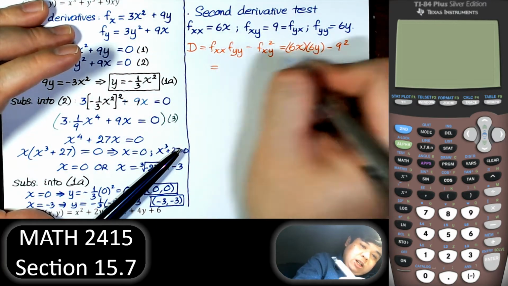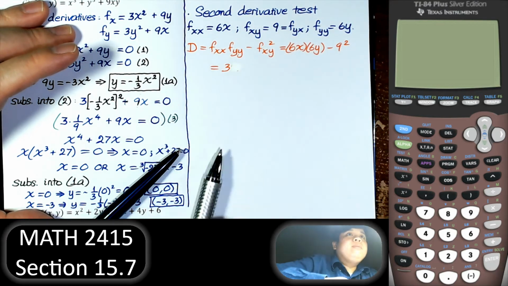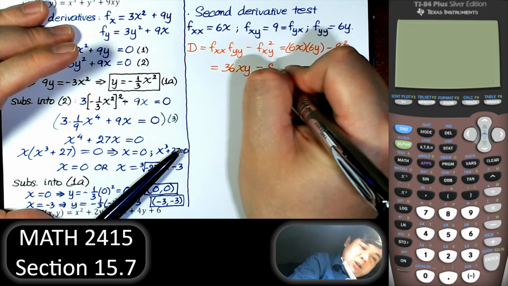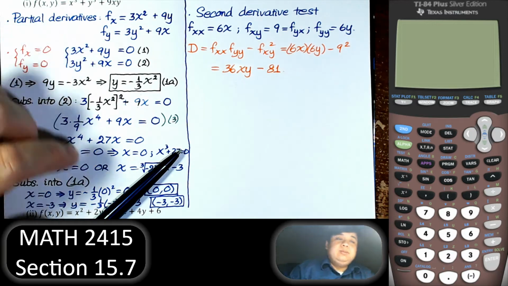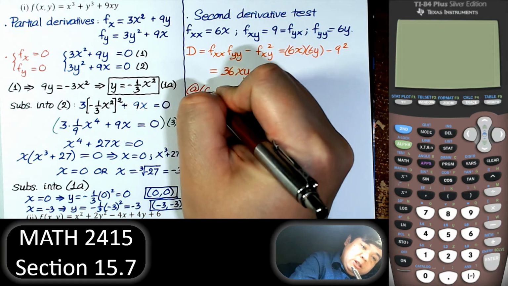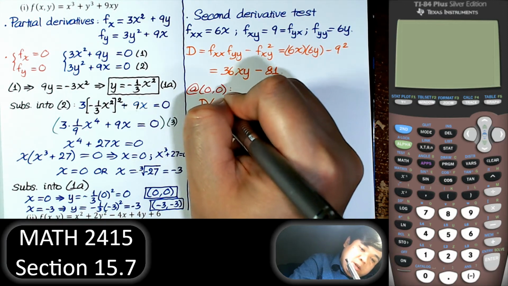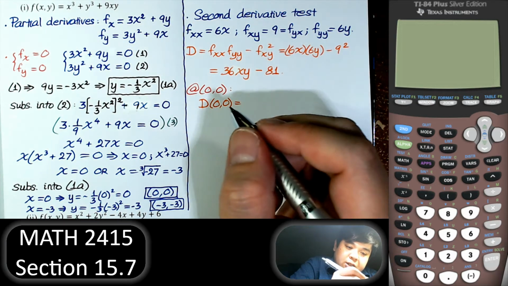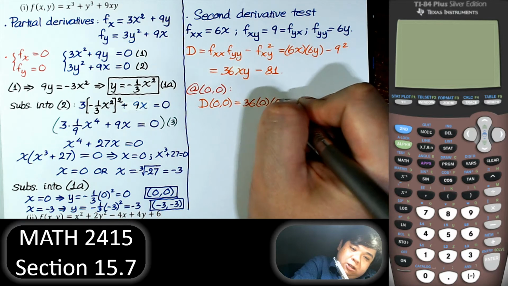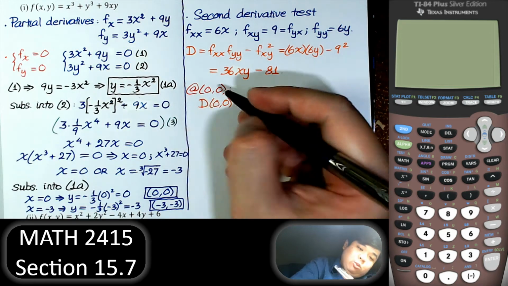That will be equal to 36xy minus 81. Now we have 2 points to test. The discriminant at (0, 0) is equal to 36 times 0 times 0 minus 81, and this is less than 0, so we have a saddle point.